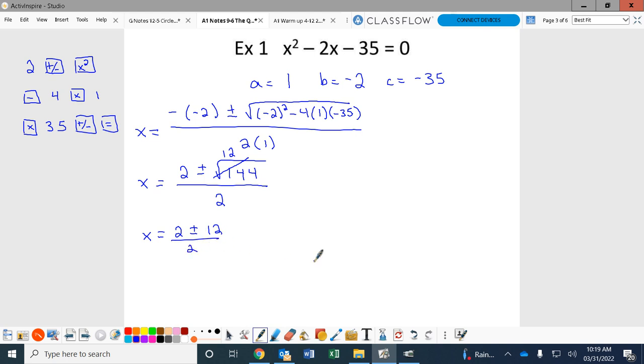Okay, guys, do y'all understand the plus or minus means we have to do 2 separate equations? We got to do the positive case and we got to do the negative case. So here's how we split it up. X equals 2 plus 12 all over 2, and x equals 2 minus 12 all over 2. That's how you split it up.